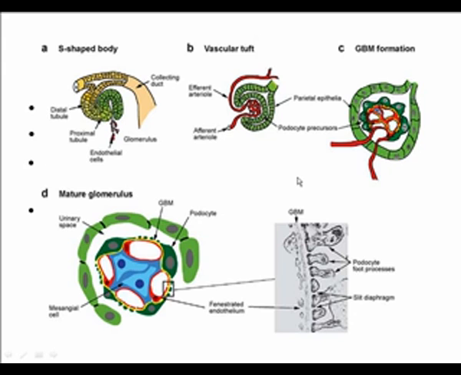So we can see now that when we look at the basement membrane of the glomerulus and the podocytes, these now have that epithelial characteristic to them. They have the appropriate junctions. They have the appropriate basal lamina because they've converted now to an epithelial morphology.